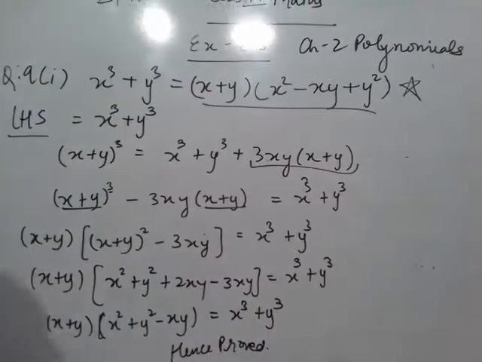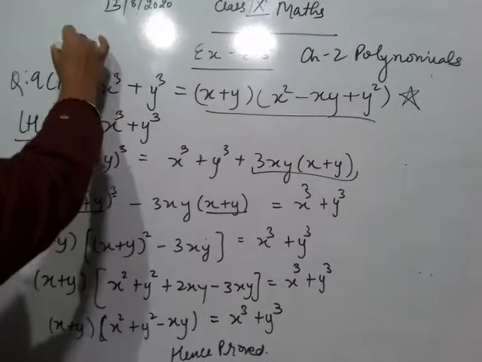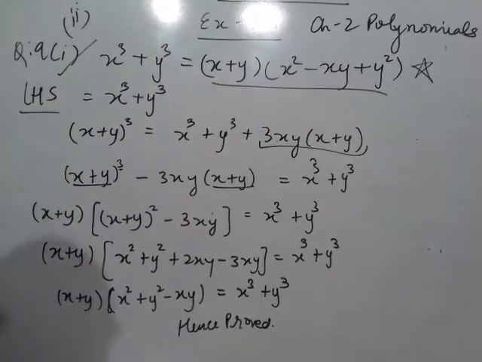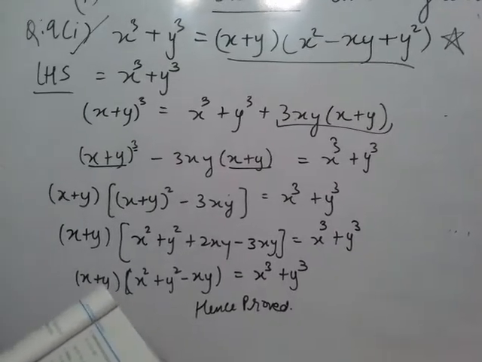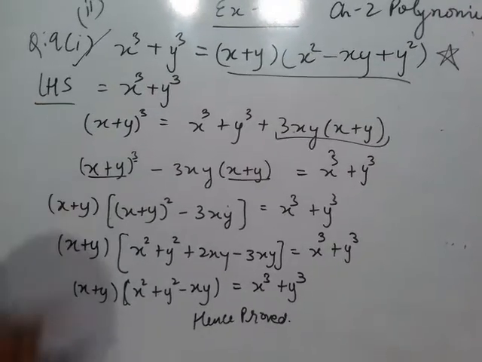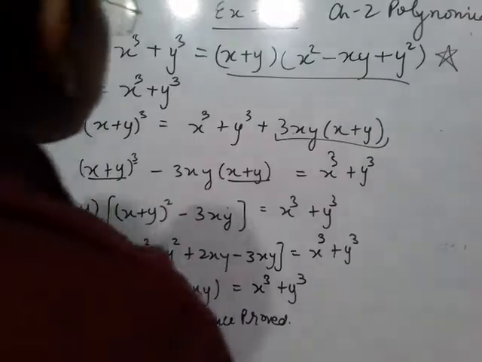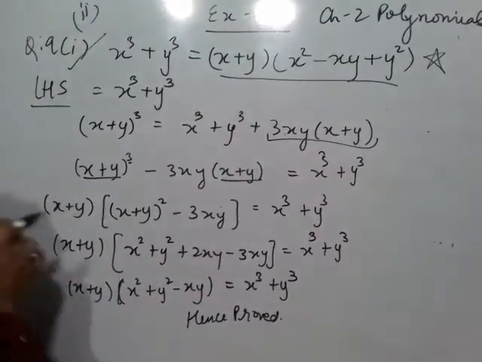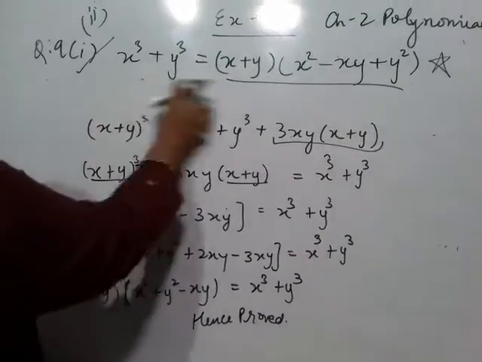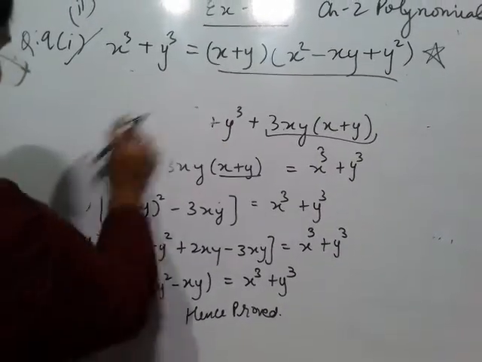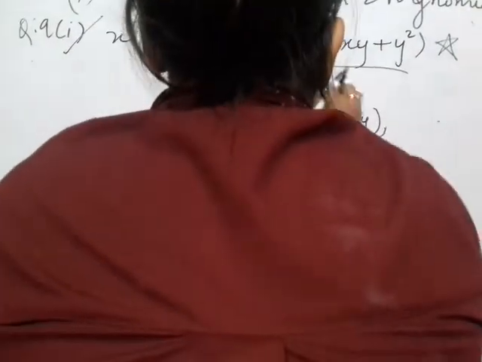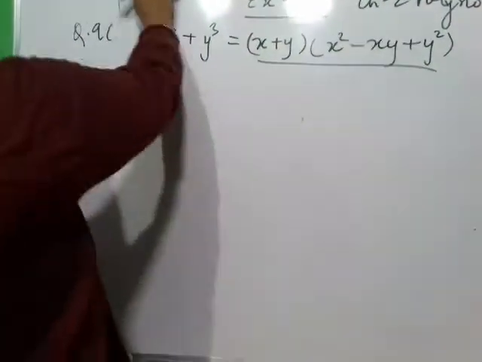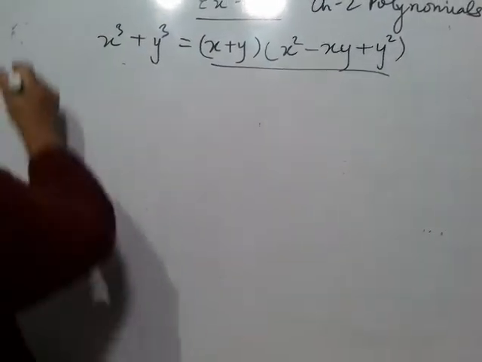So the second part you have to do as your homework, and question number 8 other parts. Similarly, on the basis of this only, question number 10 is there. So I am doing one part of question number 10. So the identity is this one only.